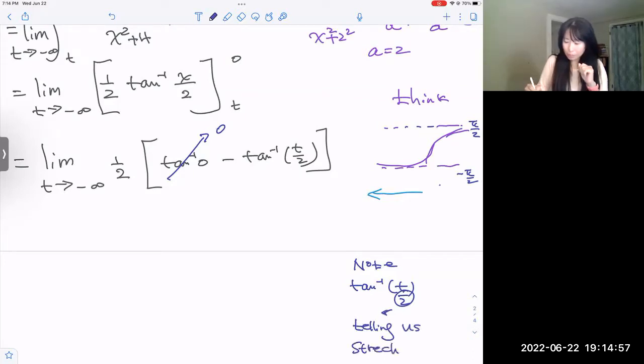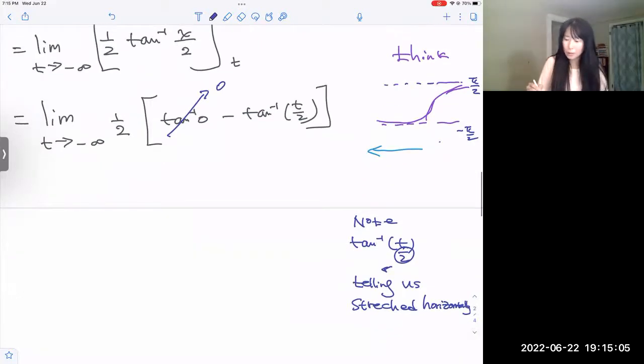Think about sine x, starting at 0, with period 2 pi.